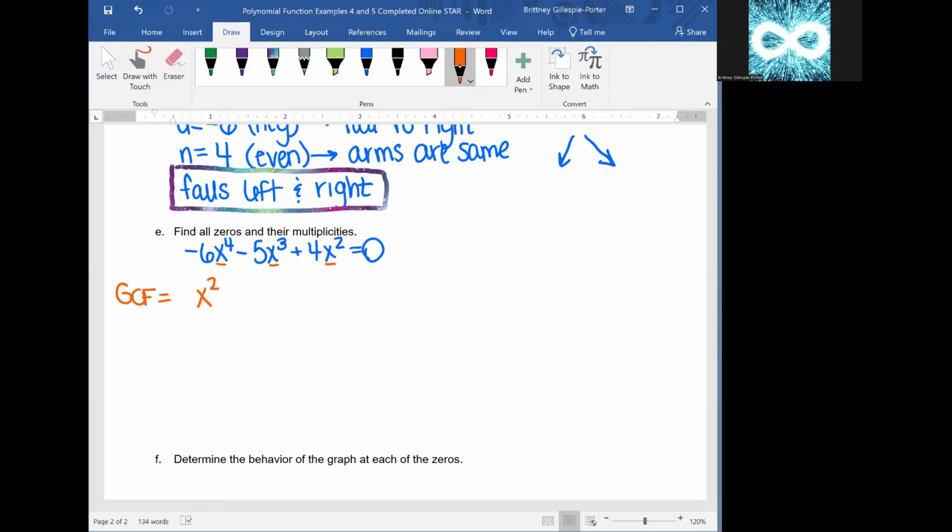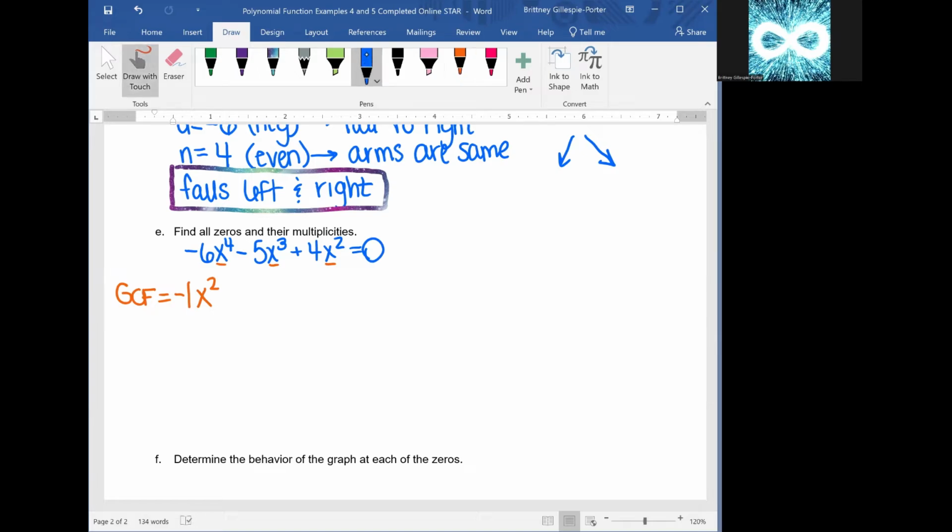And because my leading coefficient is negative, I know I need to take out at least a -1. I need to see if I can take out something bigger. Smallest of the coefficients is 4. 4 won't go into 6 or 5. So what else goes into 4? 2. 2 will go into 6, but doesn't go into 5, which means that the only GCF they have is 1, and I need that negative on there.